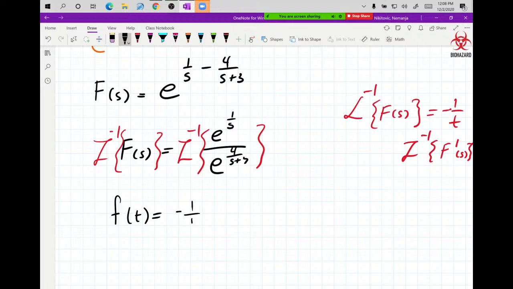So this is negative 1 over t inverse Laplace of the derivative of these. And this is why I think that it's actually better if I have only one e, because the derivative there would be itself times the derivatives of the things on top.